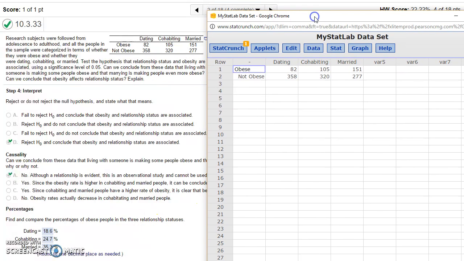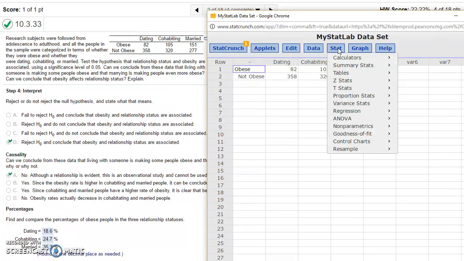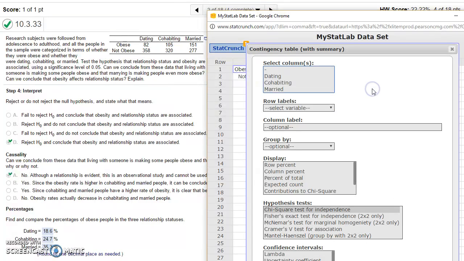And during the course of working through this problem, you will have gone to Stat, you would have clicked on Tables, gone to Contingency with Summary, and here you would have selected the three columns that you wanted to look at, and the sex is that blank column.